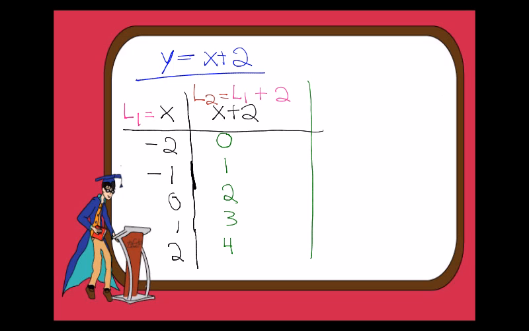And the way this list function works is if we call this part right here list 1, because it is the first list available to you, and these are your respective inputs, then list 2 will be equal to list 1 plus 2. Okay, nothing wrong with that. And then your calculator would give you all these answers back in return.